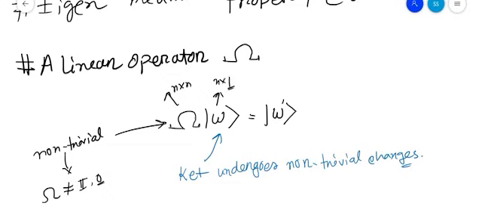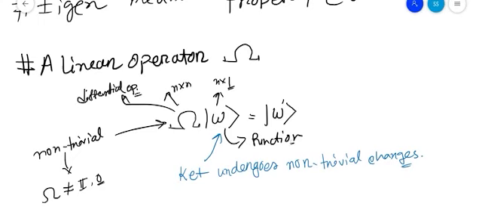Or omega can even be a differential operator acting on a function. This will come naturally when the vector space has infinite dimensions, but for now let's focus on the finite dimensional case.